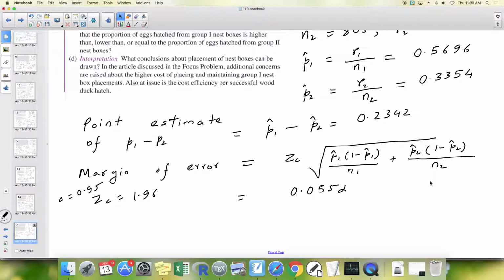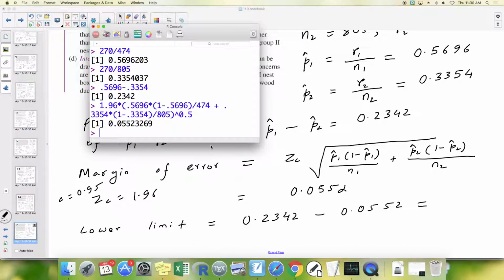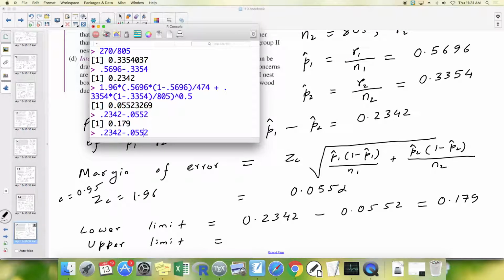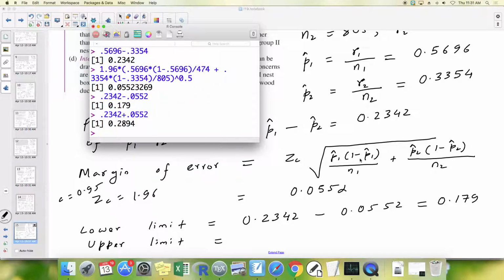So obviously lower limit equals point estimate minus margin of error, and upper limit is point estimate plus margin of error.